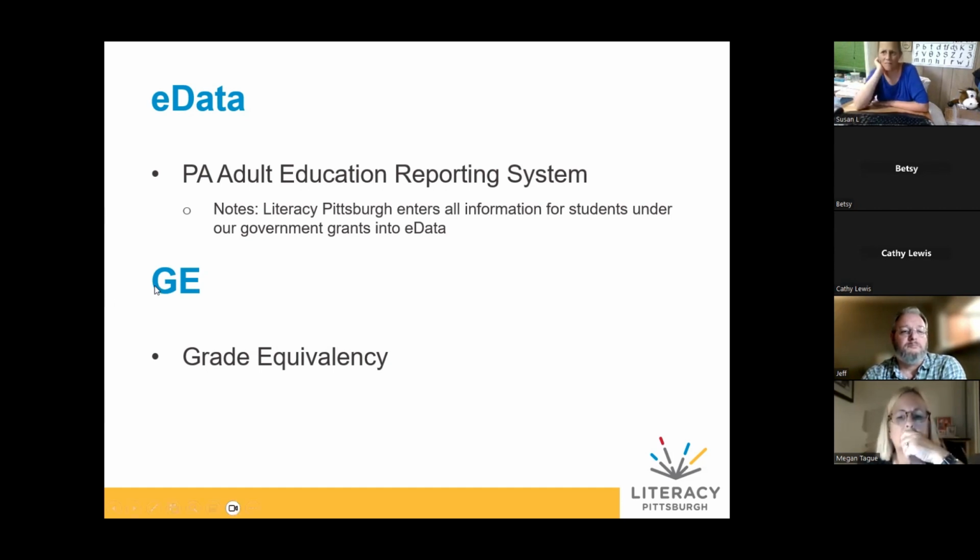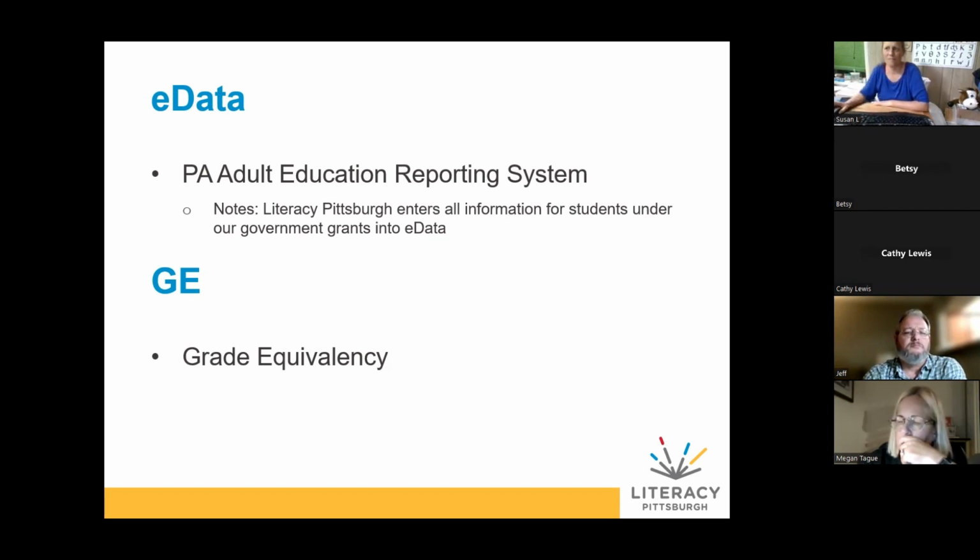So going into how we measure a student's learning ability and success, one of the things we use is grade equivalency. We don't use this as often as some of our other markers, but this is what their equivalent level is in the US education system, third grade, 10th grade.